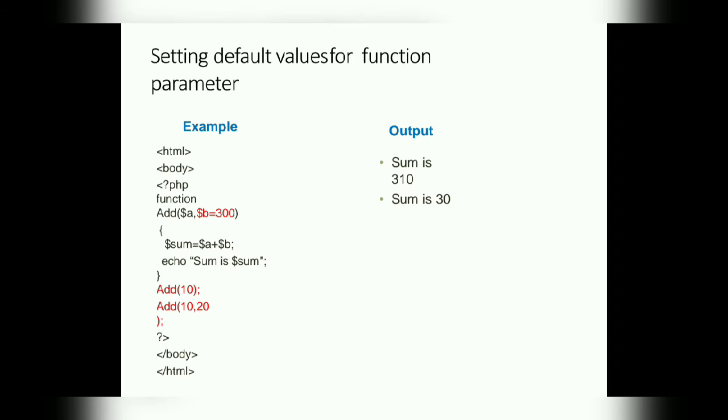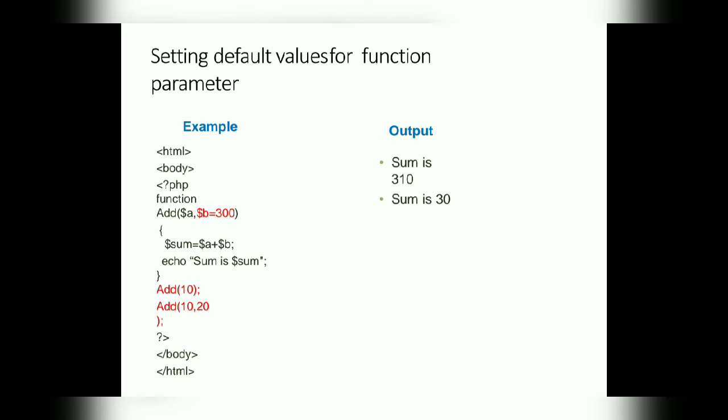Okay, so the output of this program will be, for statement 1, sum is 310. That is, the value of A is 10 and the value of B will be taken as 300, as I haven't provided $b in the first add statement.